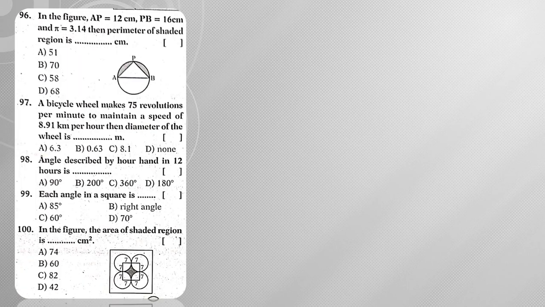Okay. Next, in the figure, AP is equal to 12 centimeters, PB is equal to 16 centimeters, and pi is equal to 3.14. Then the perimeter of the shaded region is. So here AP is equal to 12. Now if you observe the figure carefully, AB and P is any point.